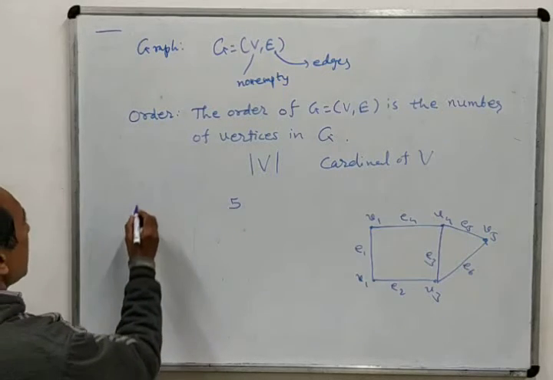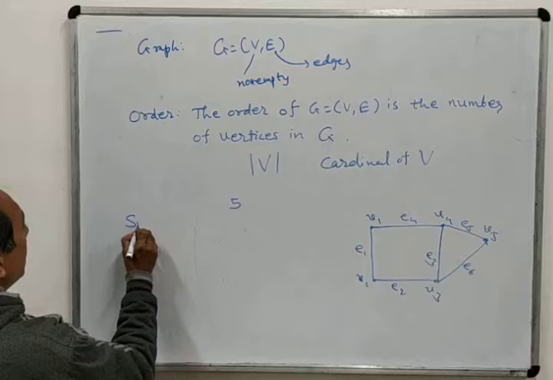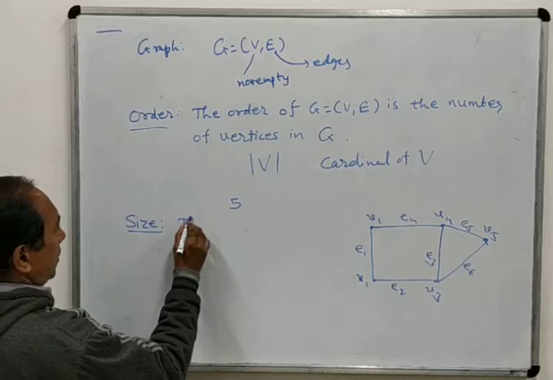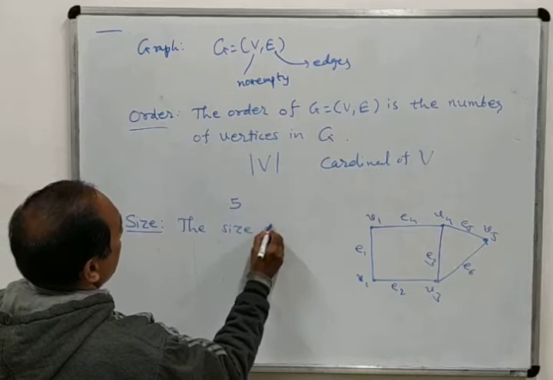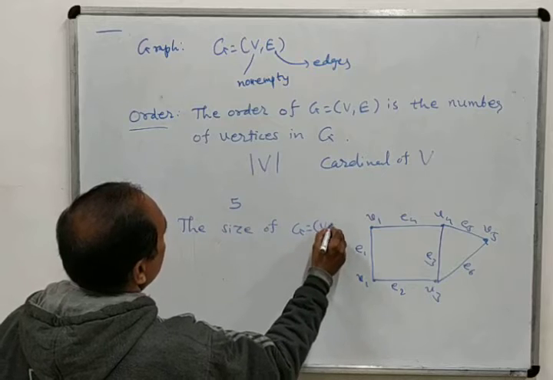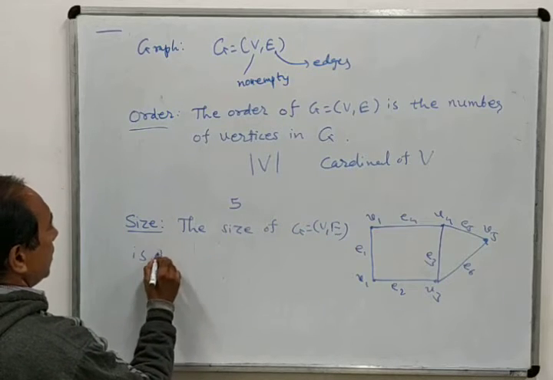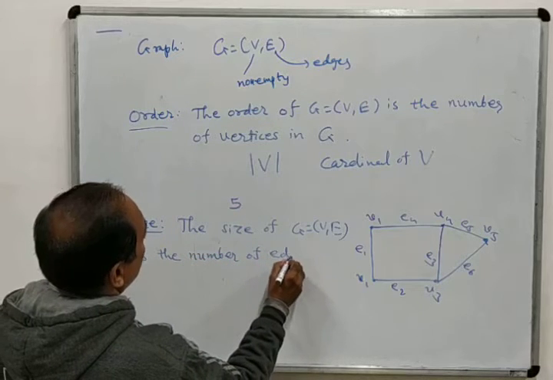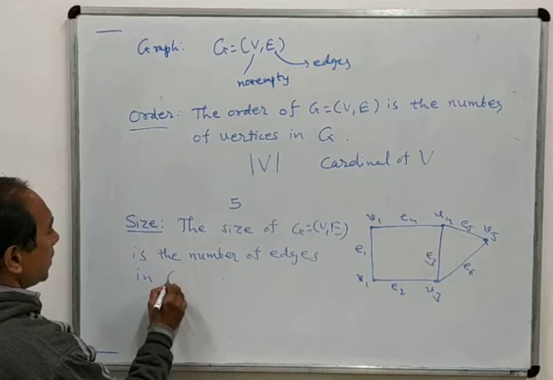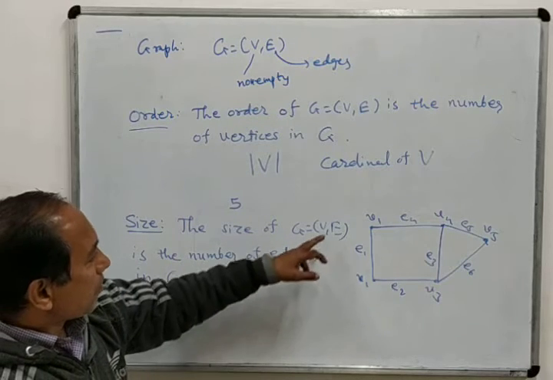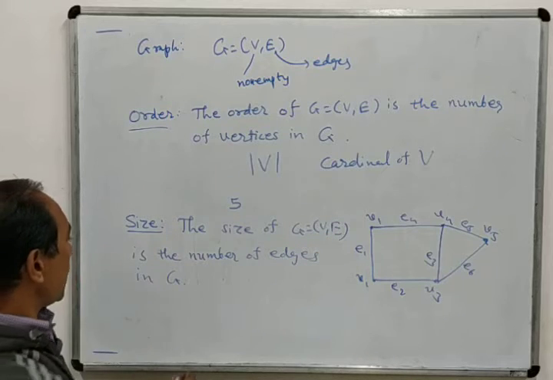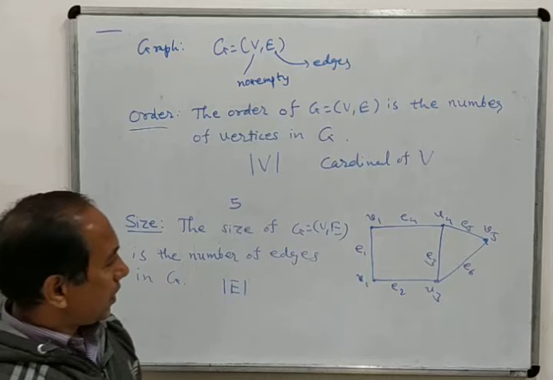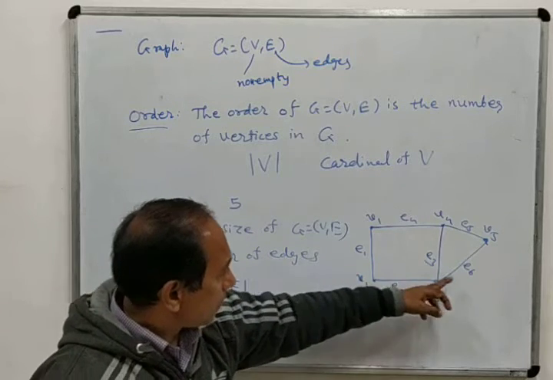Then another definition is size of a graph. The size of a graph G equal to (V, E) is the number of edges in G. That means the number of edges is the number of elements contained in the edge set E, and it is denoted by modulus E. That means cardinal of E. For example, in this graph, we can see that there are 6 edges.